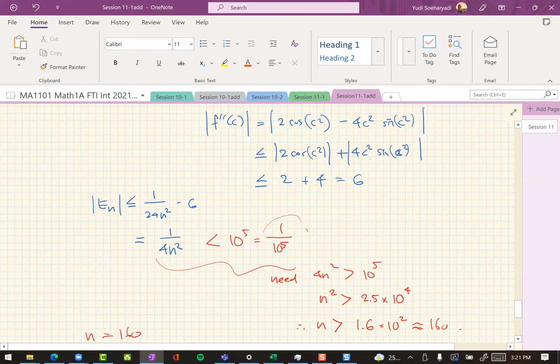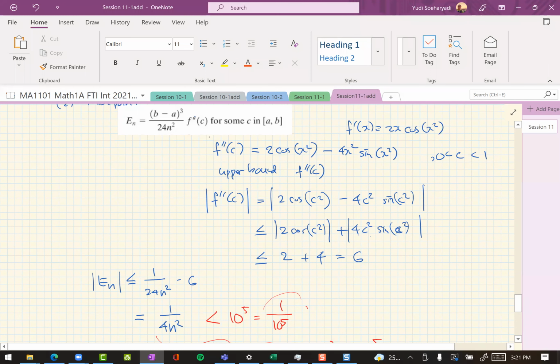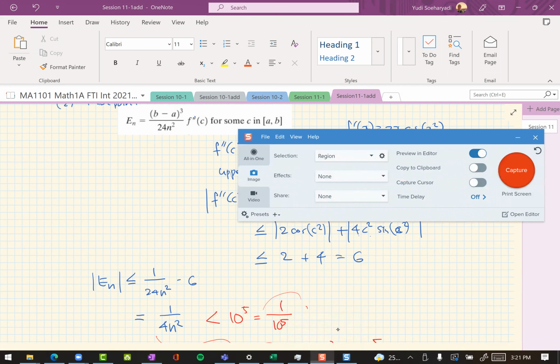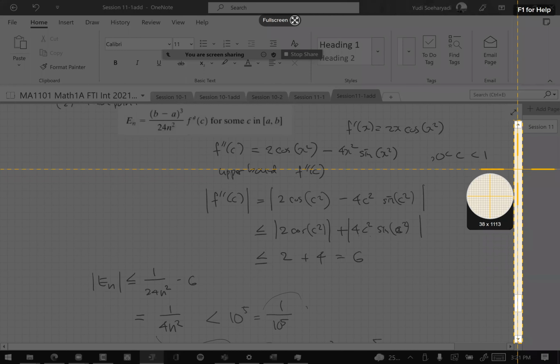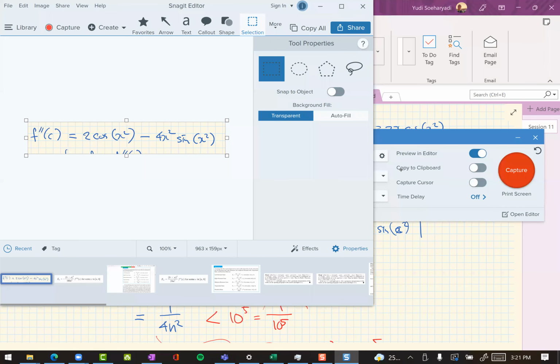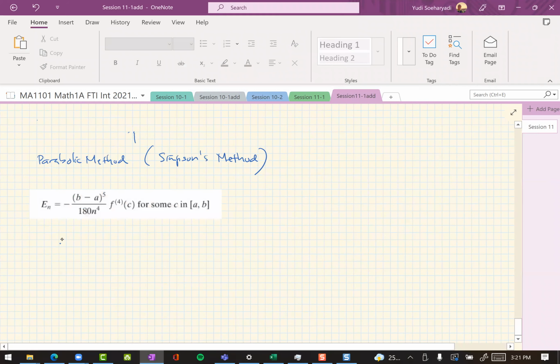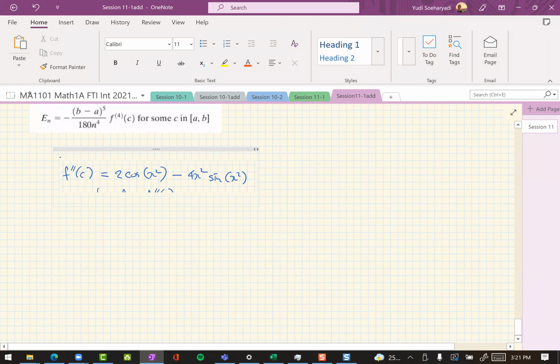Okay, let's see here. This is the second derivative. We just need to compute derivatives quite a lot, actually.